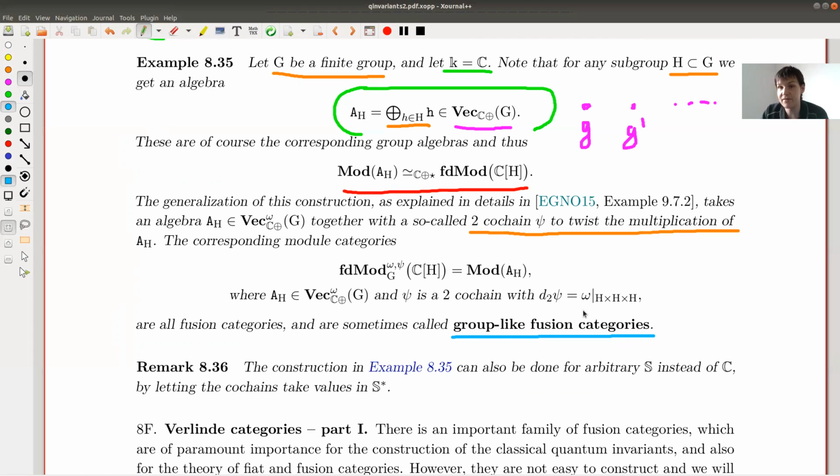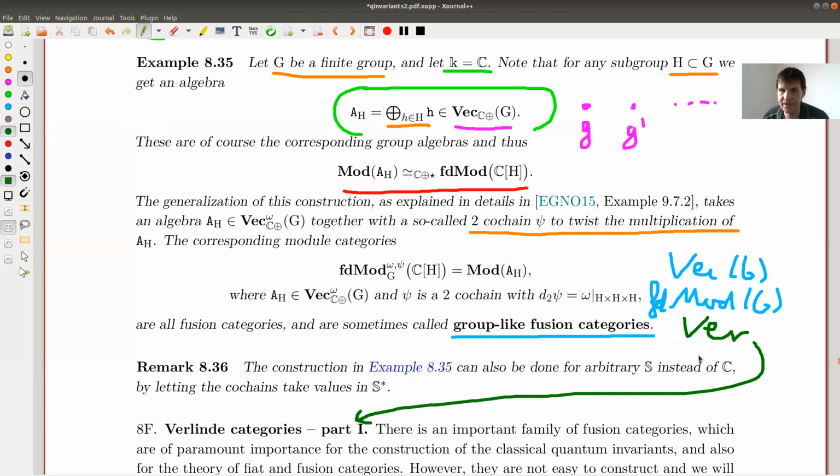It's Vect G, up to some twisting that you can do. It's Rep G or Mod G, so finite dimensional modules, maybe FD Mod G. And it's those things you call Verlinde categories. And these are really good for defining quantum invariants.